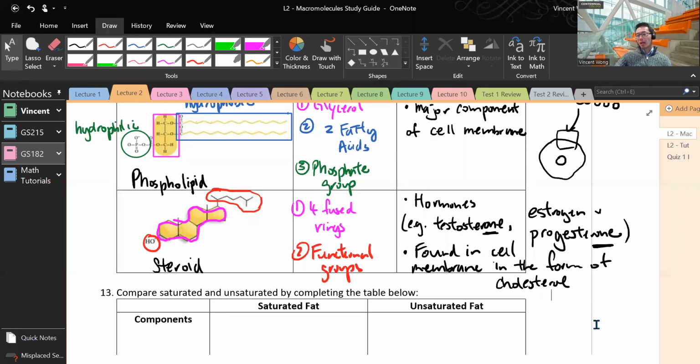Does anybody know what some therapeutic uses of steroids might be? What kind of medical use involves steroids? Does anybody know?